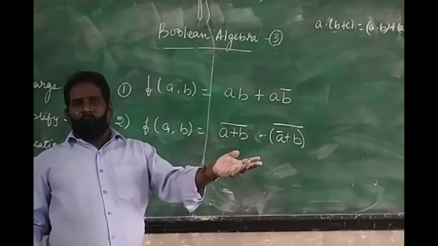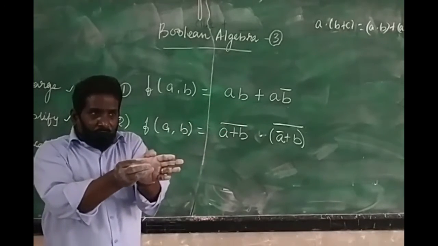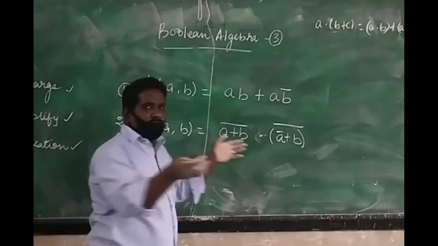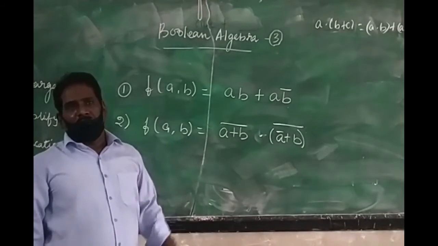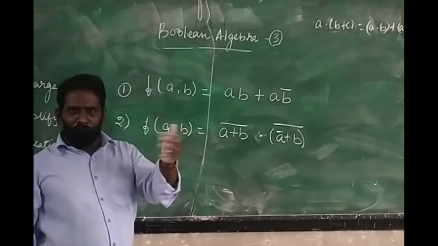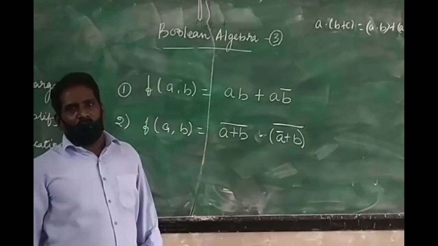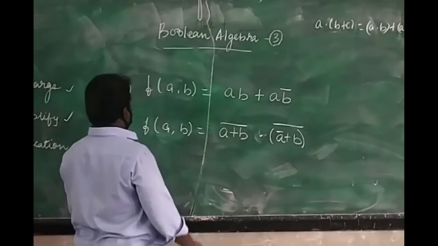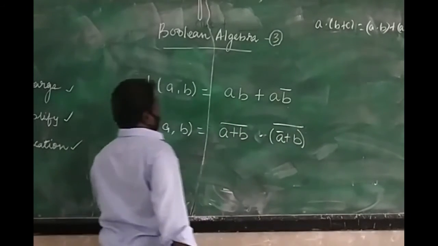Or, instead of enlarging, we can simplify the first Boolean function and then the second, and compare the results. If the simplified terms are equal, then both are equal, otherwise unequal. So let us take term 1.